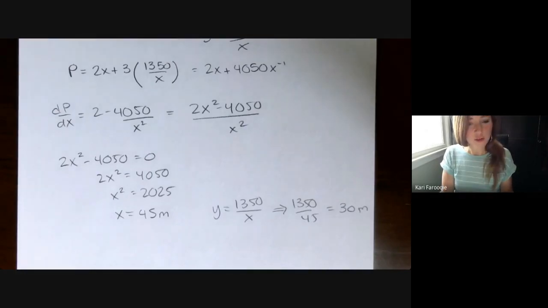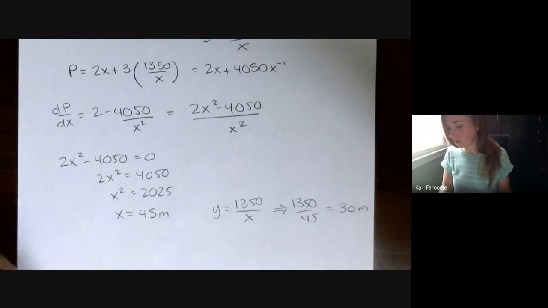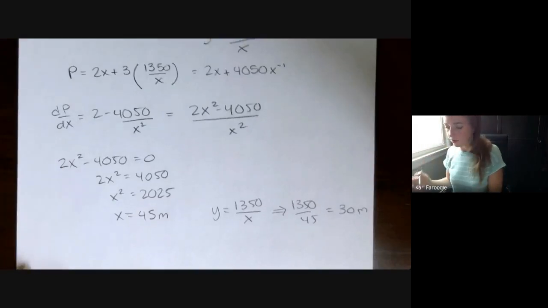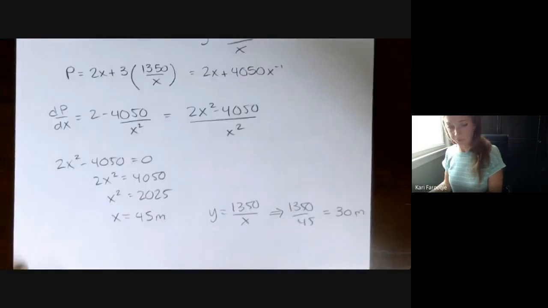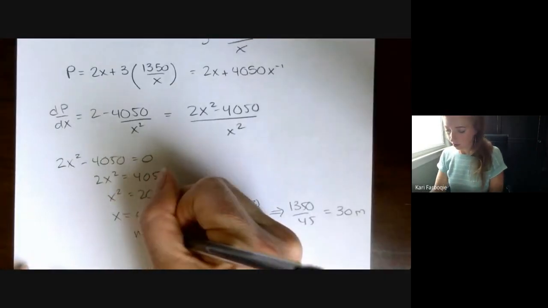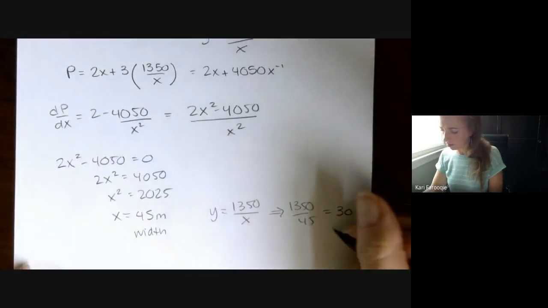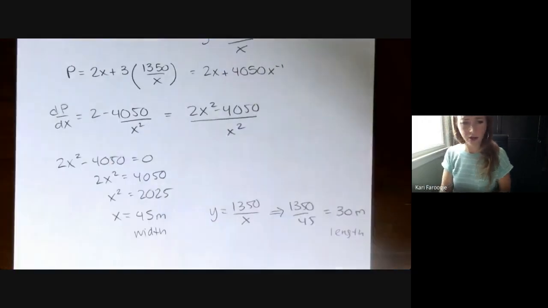Which also I find kind of irritating because some students think of length and width differently. Personally, I would think of width as being x, right? Wouldn't you? And then I would think of length as being y.